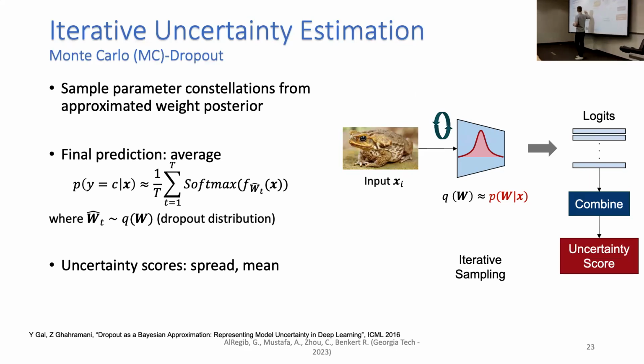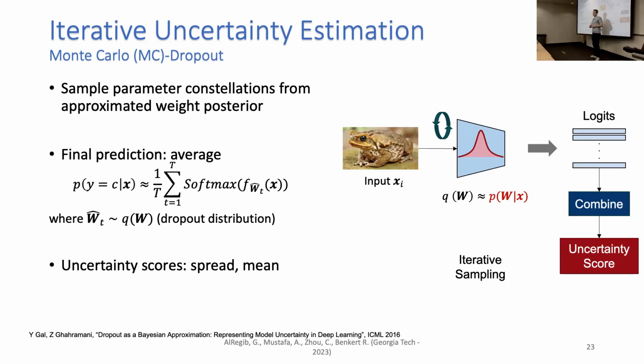And then each of these 50 output generations, you squash through a softmax function, which essentially gives you a probability distribution for each of these. And then I combine all of these by a simple average. That would then be the prediction of my model.